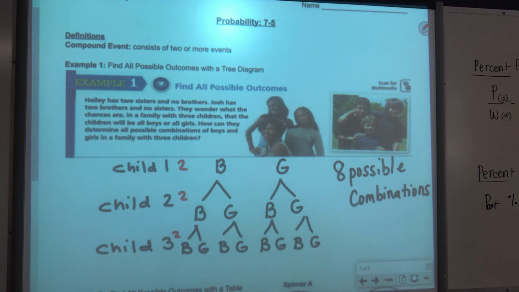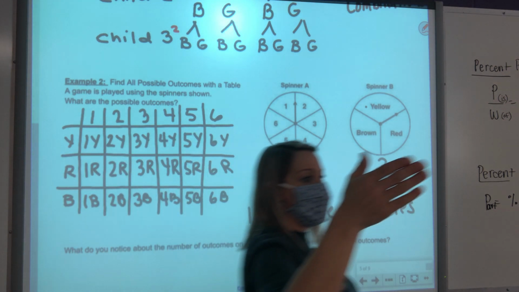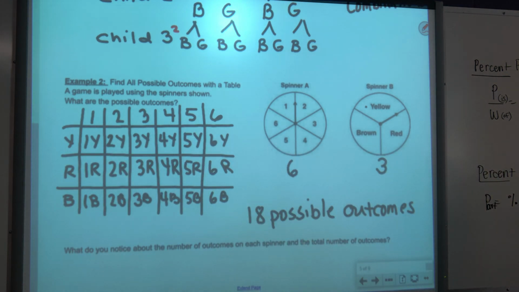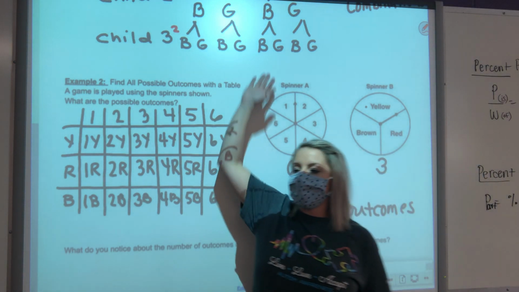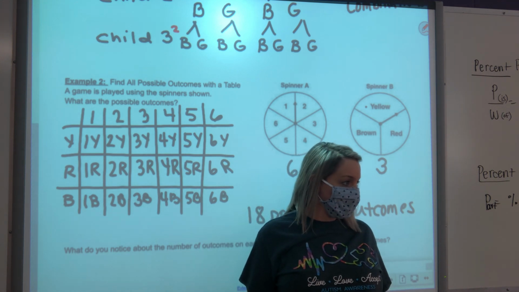This is called the counting principle. With the counting principle, you find the number of outcomes in each event, and their product will give you the total possible outcomes. So, if I asked you to list the possible outcomes, I'm looking for a tree diagram, a table, or an ordered list.